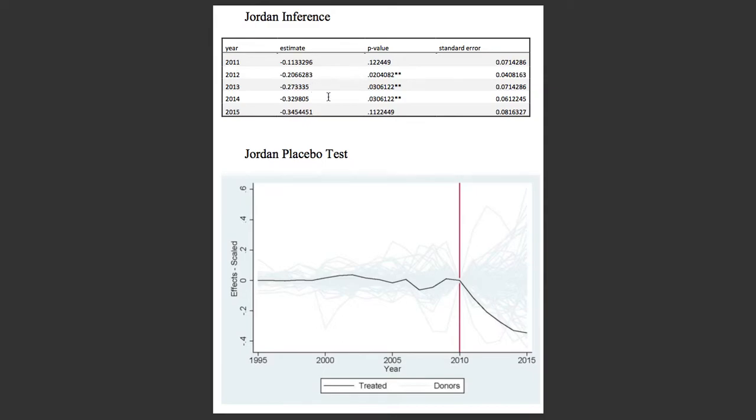This can be interpreted as a 20% decrease in GDP per capita, so the synthetic model is 20% higher than what actually happened in Jordan. For the next couple of years, we also have very low p-values, and the magnitude is still increasing up until 2015.